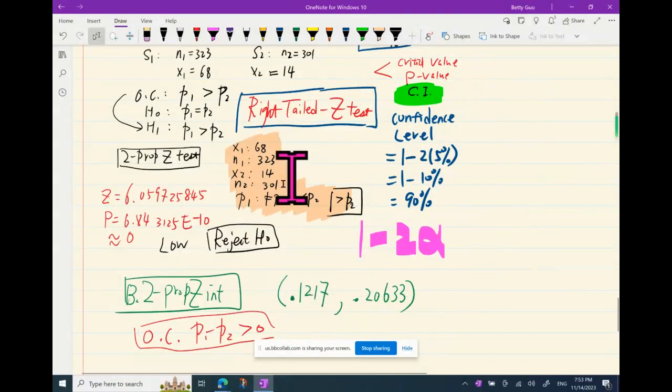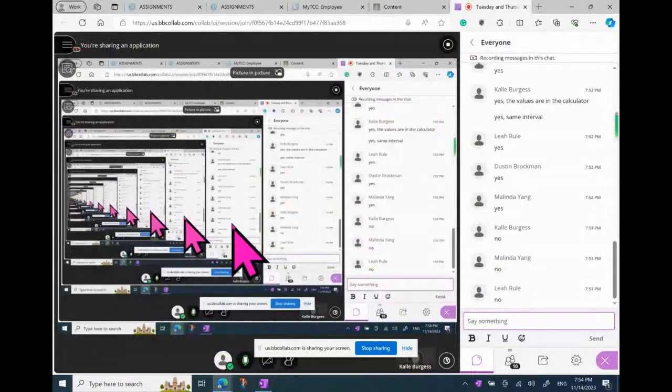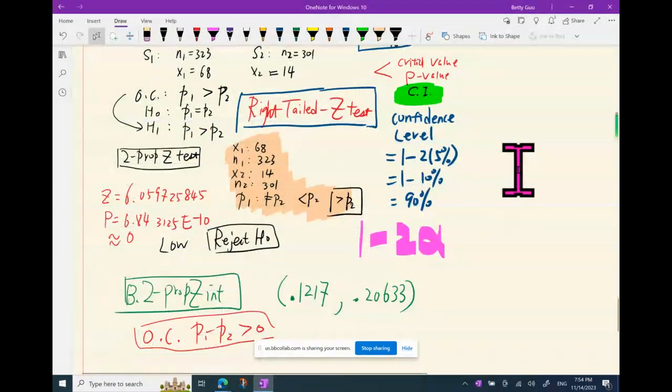We support the claim because the difference of P1 and P2 is bigger than zero. It doesn't contain zero. It doesn't always happen, but in this case, they happen to be consistent.